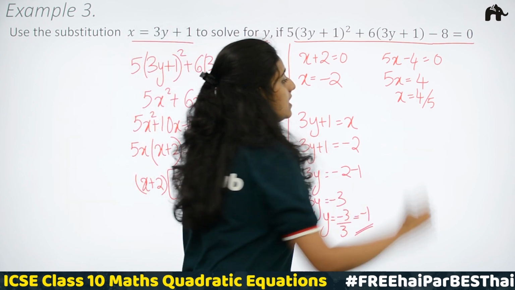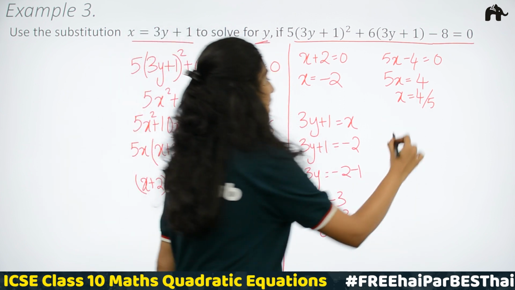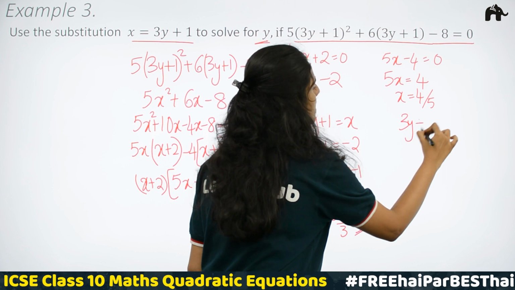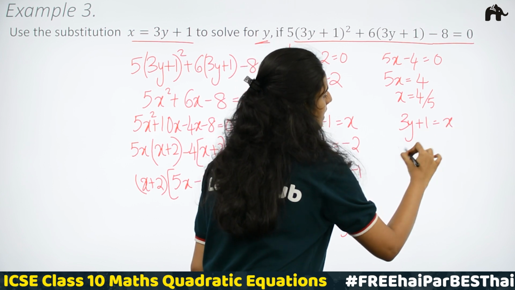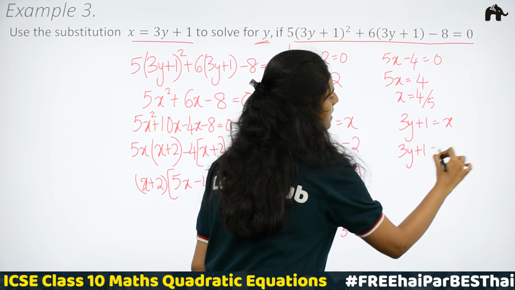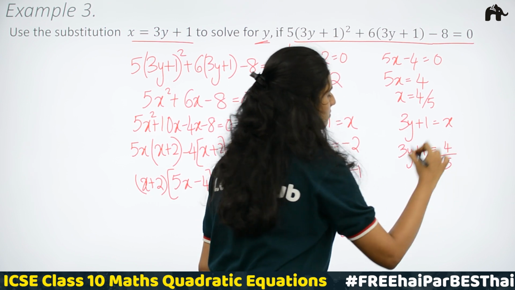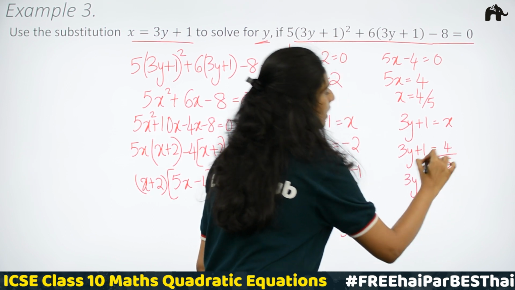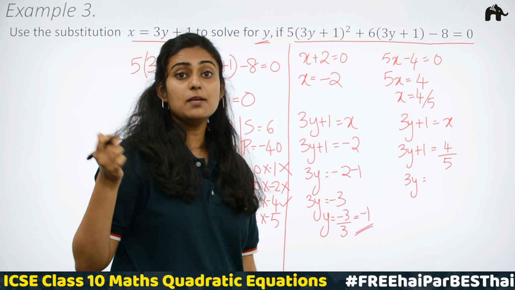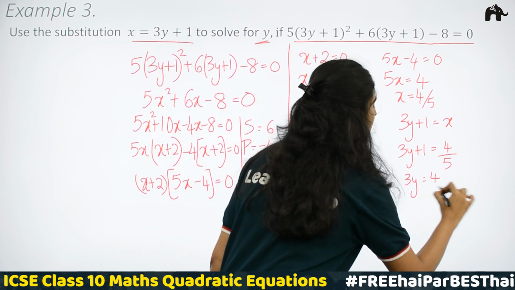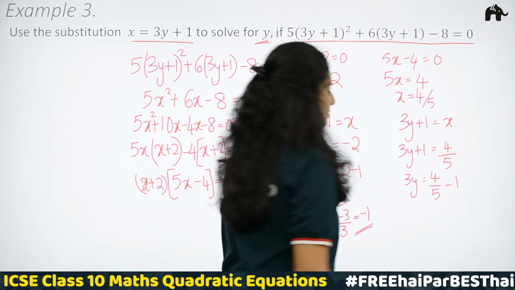Next, when x is equal to 4 by 5, again 3y plus 1 is equal to x. 3y plus 1 is equal to 4 by 5. 3y is equal to, taking this plus 1 to the opposite side, becomes minus 1, 4 by 5 minus 1.